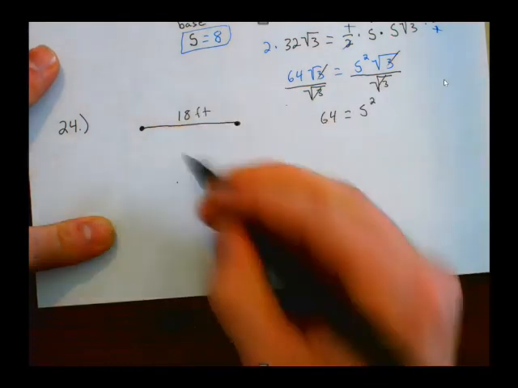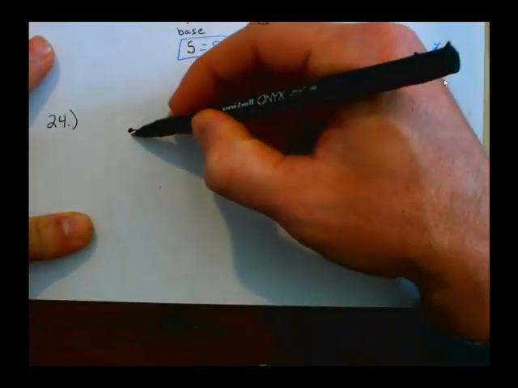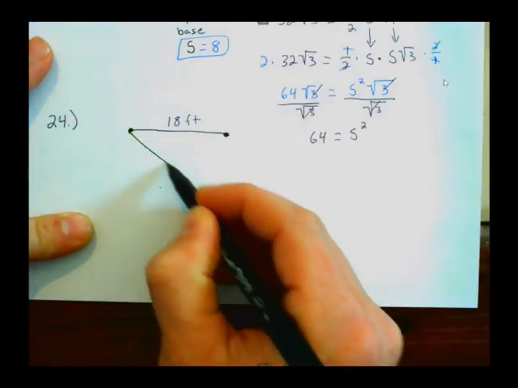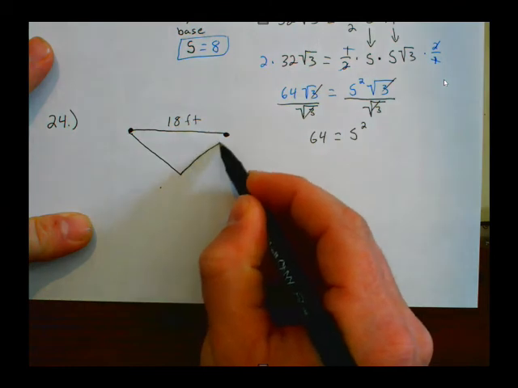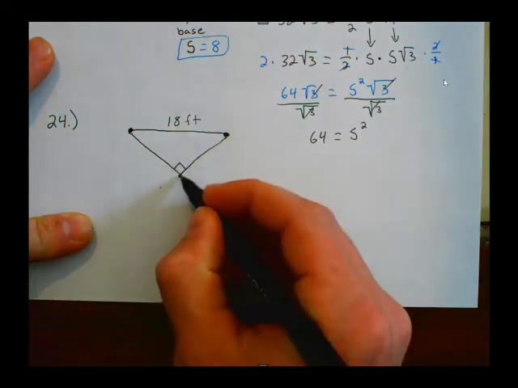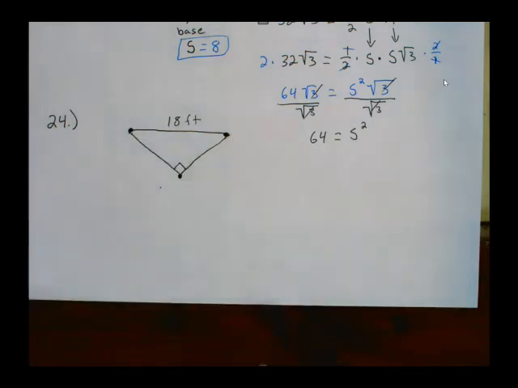I want these sides to be the exact same, and I want this to be a right triangle. There's my right triangle, and I want to know how far this point needs to be from each of those endpoints.